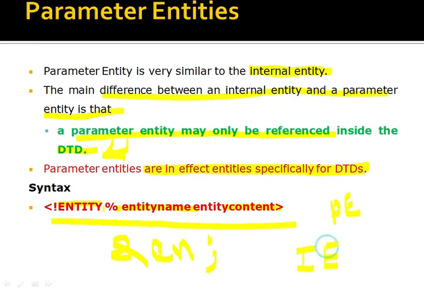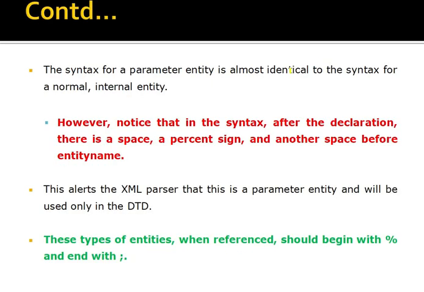Here you will have the entity name, and when you refer to it in the XML file, you will use the ampersand symbol and the semicolon. That is the difference between an internal entity and a parameter entity.